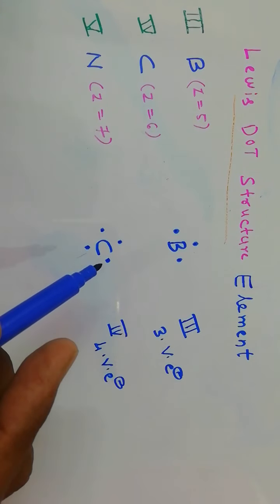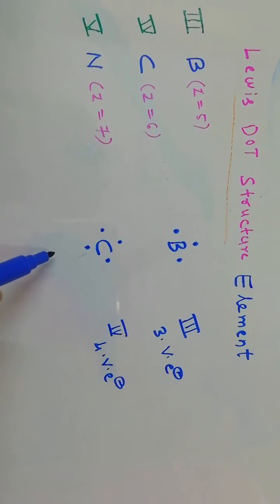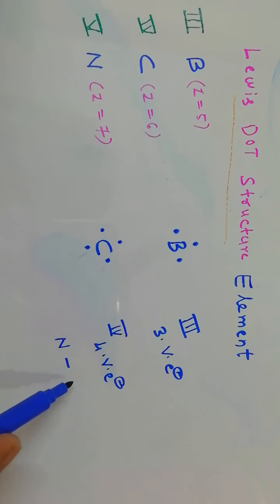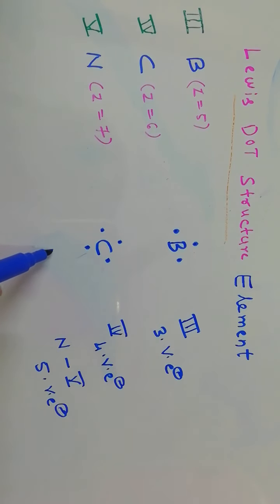Similarly, you can also write for the nitrogen atom. Nitrogen belongs to which group? It is a 5A group element, so you will have 5 valency electrons. Write those 5 valency electrons around the nitrogen atom. First, write here 1, 2, 3, 4.